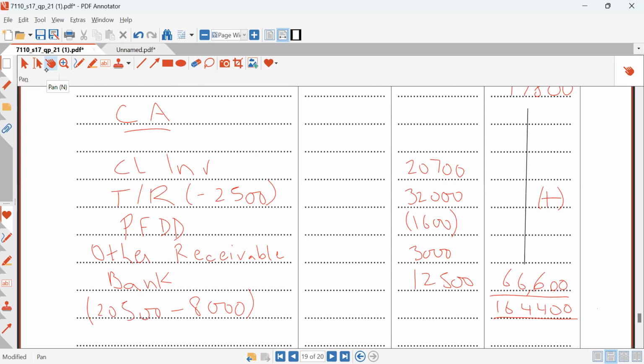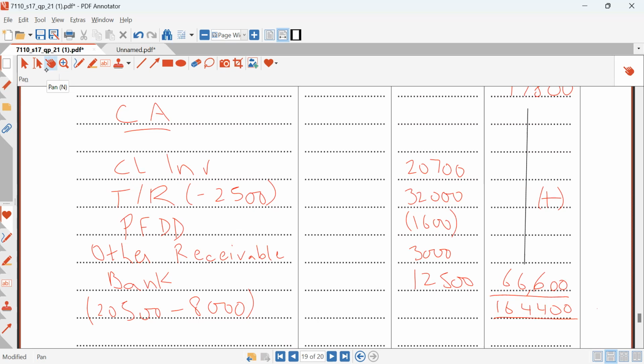Similarly in current assets, we have closing inventory. I explained trade receivables to you, that there was bad debt; below there was an adjustment in which the examiner had given me a bad debt of 2,500. So I had subtracted 2,500 from my trade receivables. Provision for doubtful debt, similarly, I had calculated on 32,000 multiplied by 5%.